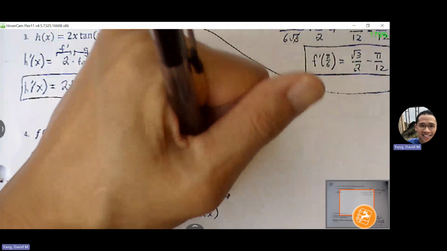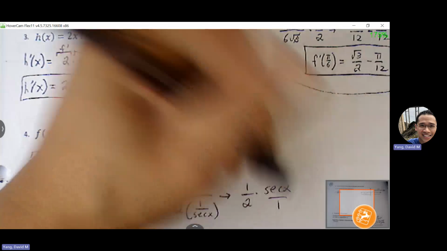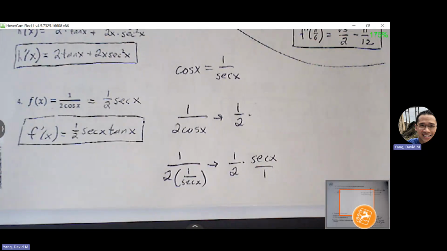And if I flip that secant up, it'll become 1/2 times secant of x over 1. Since the reciprocal of cosine is secant, and secant is cosine's reciprocal, we can flip it out.